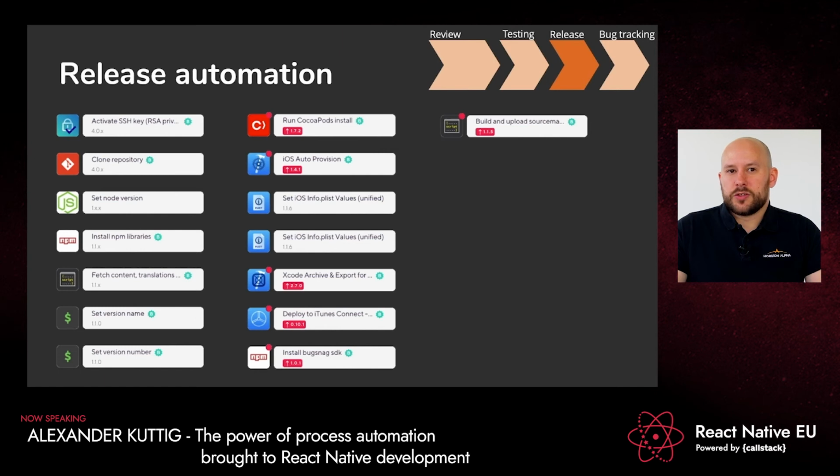We then install our Bugsnag SDK and we build and upload our source maps to our bug tracking system. We have a similar pipeline for Android, so we can run them in parallel, so we're able to make releases very fast.